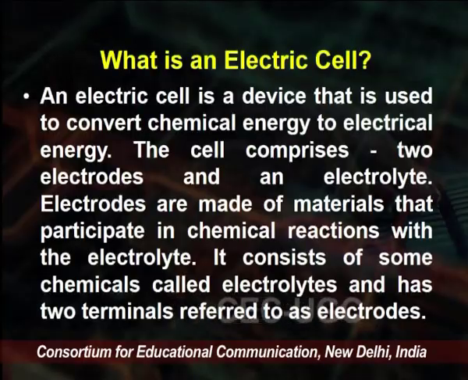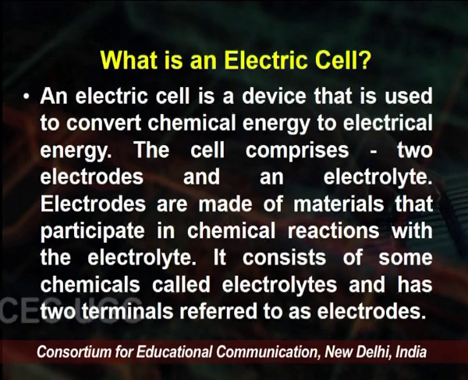As there is a chemical reaction, we use chemicals. So it consists of some chemical called the electrolyte and has two terminals referred to as electrodes.